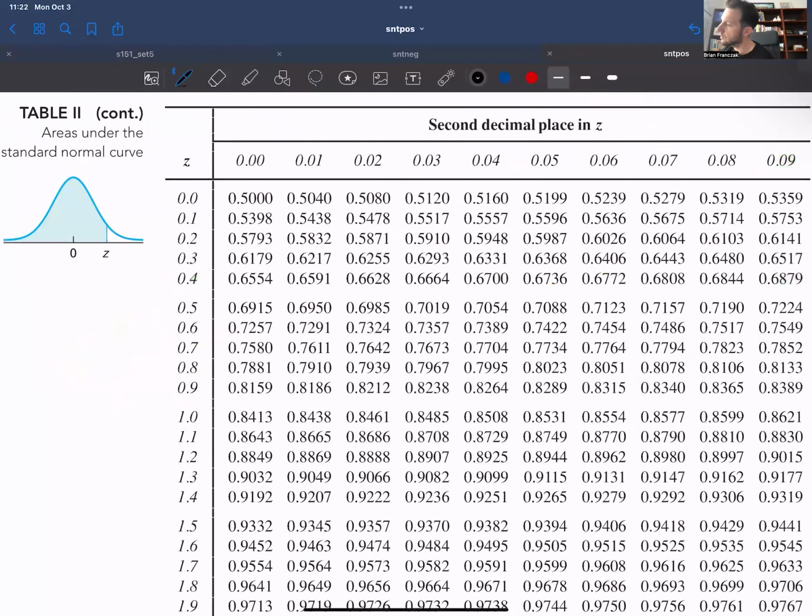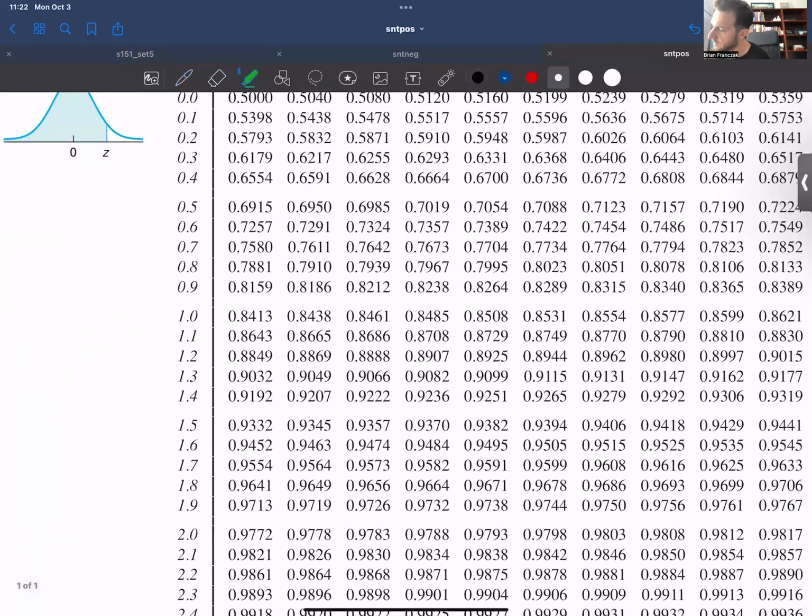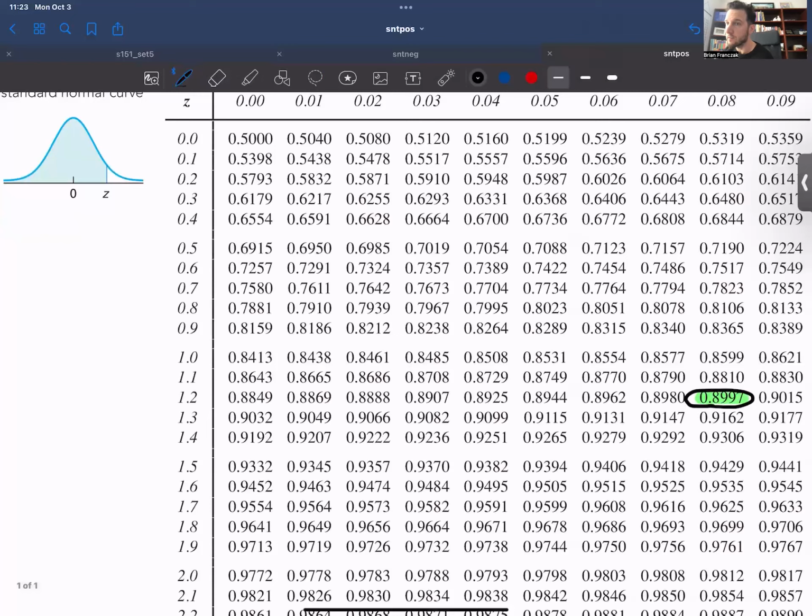okay, and we look up 0.9 inside the table. Okay. So we're scrolling through the table here, and then we have this value, 0.8997. So this value here is the closest that we can get to 0.9. This is the area underneath the standard normal curve, so this is effectively the 89.97th percentile of the standard normal, which is as close as we can get to the 90th percentile.